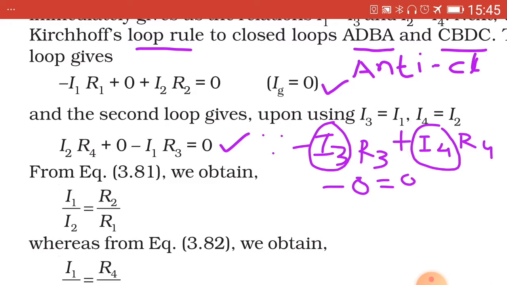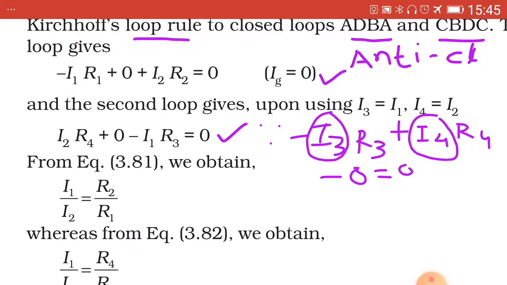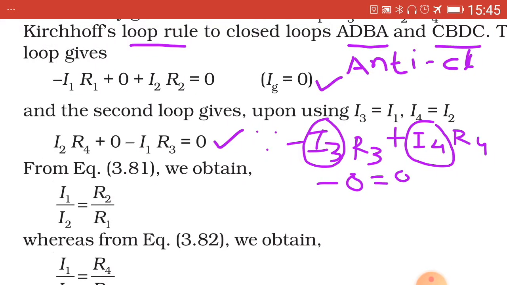Similarly for the second loop, that is CBDC, I have written with colored pen: minus I3 R3 plus I4 R4 minus 0 equal to 0.